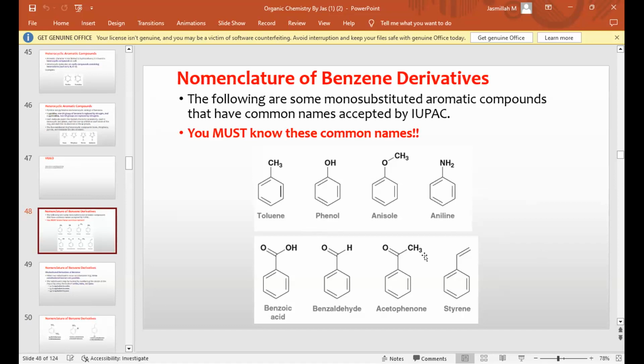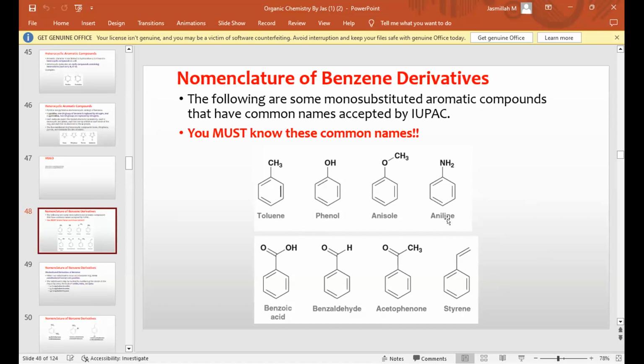So these are some of the common benzene derivatives that everyone must know. When the substituent is a methyl group, it's known as toluene. When the substituent is an OH group, it's known as phenol. Then anisole, when it has this ether substituent.